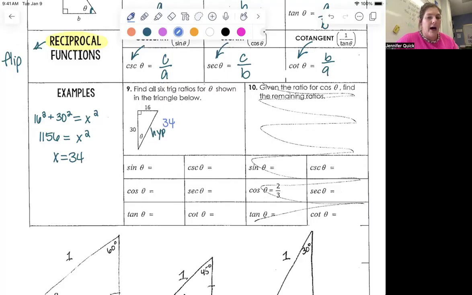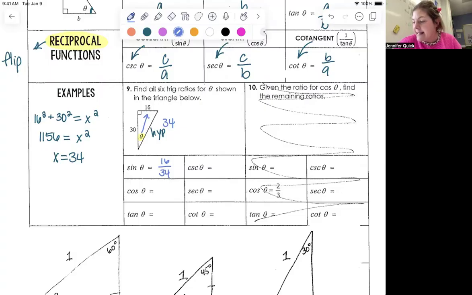And now I can find all the trig function ratios from theta. So remember, theta is down here. The opposite of theta is 16. So this would be 16 over 34. We could reduce it if we wanted.